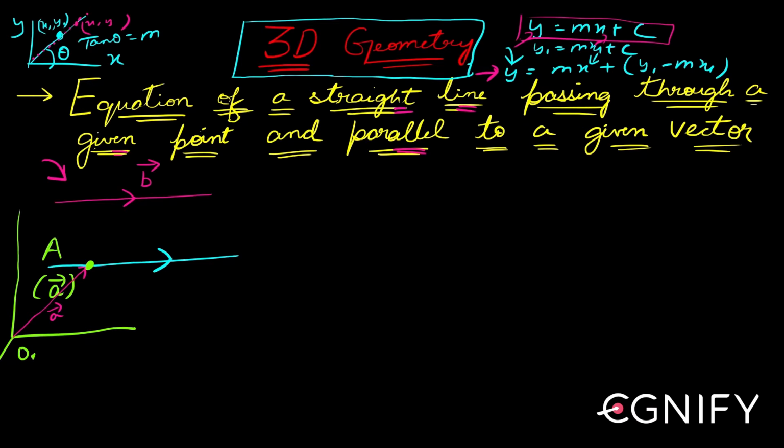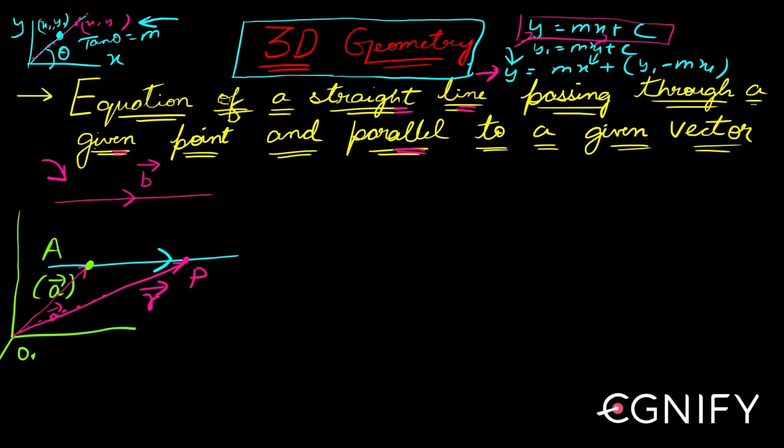Just like in two-dimensional geometry where you had a general point x, y, here also I will take a general point on this line. Let the position vector of that general point be r bar. Let this point be P.